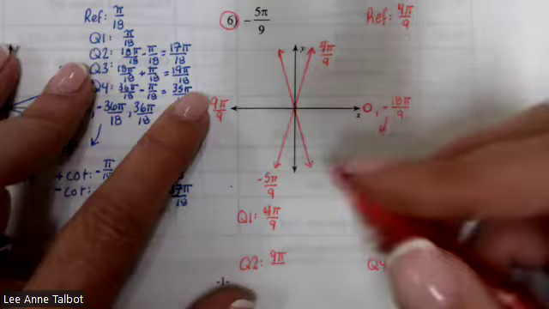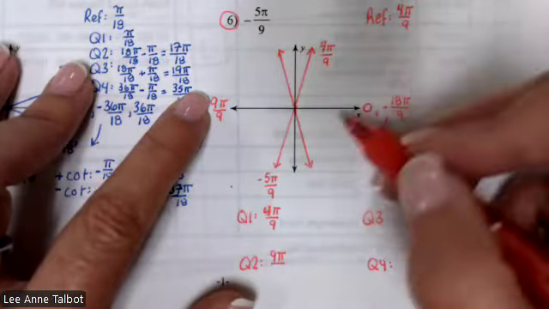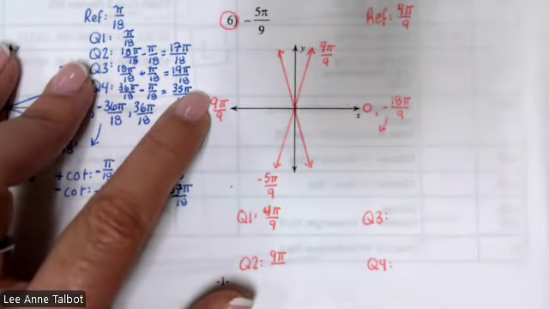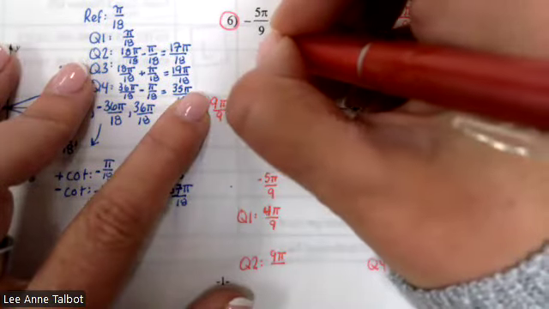That's okay. Anyway, reference angle was 4 pi over 9. So that's what we should put here. And now we do 9 minus 4, which is 5.